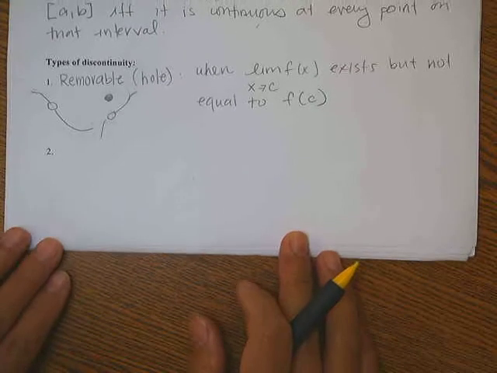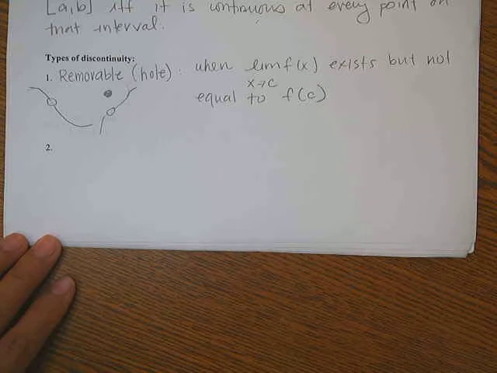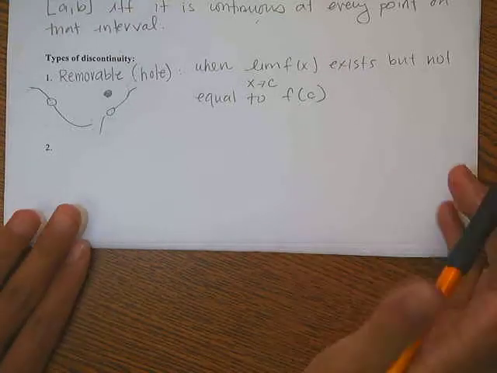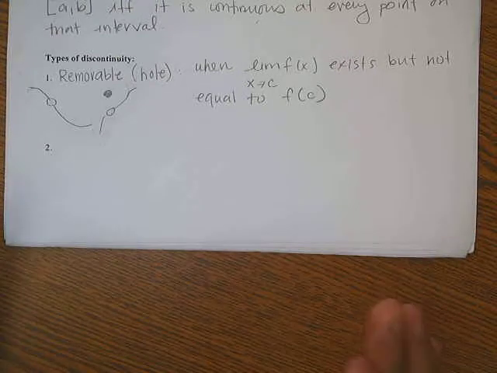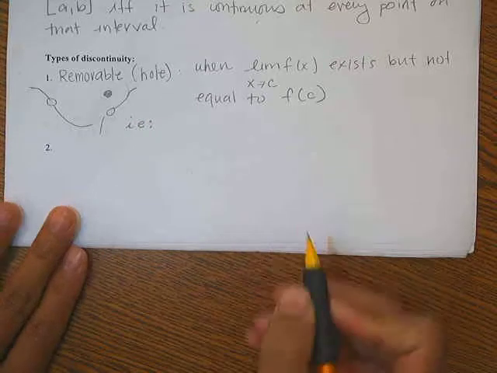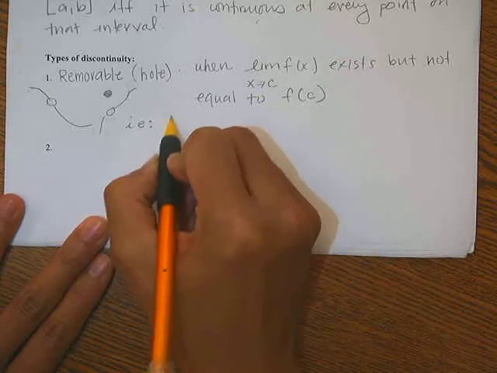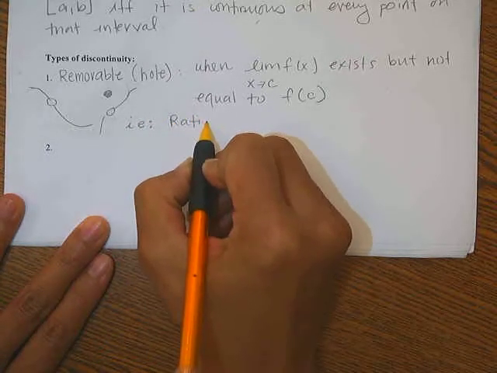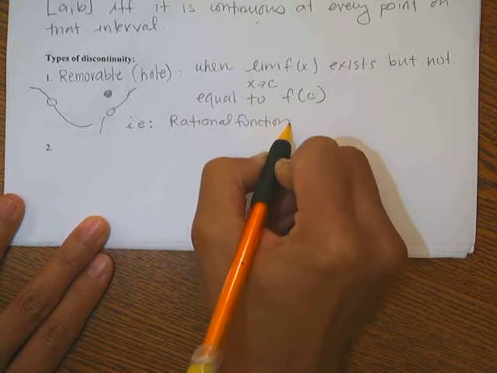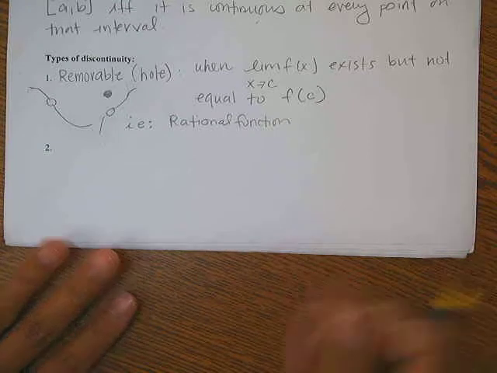Let's move on. Here are a few examples of removable discontinuities. Rational functions typically have removable discontinuities, or holes.